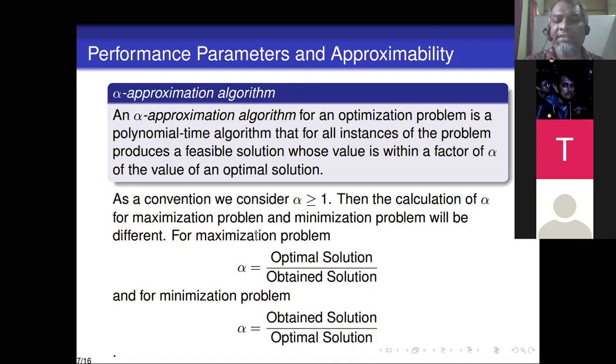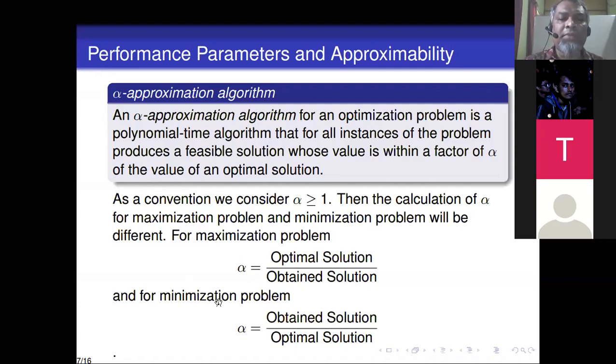This is the optimal solution of the problem, and this solution is obtained by our algorithm. So alpha is the optimal solution divided by the obtained solution. Since the optimal solution is always greater than or equal to the obtained solution, alpha will be greater than or equal to 1.